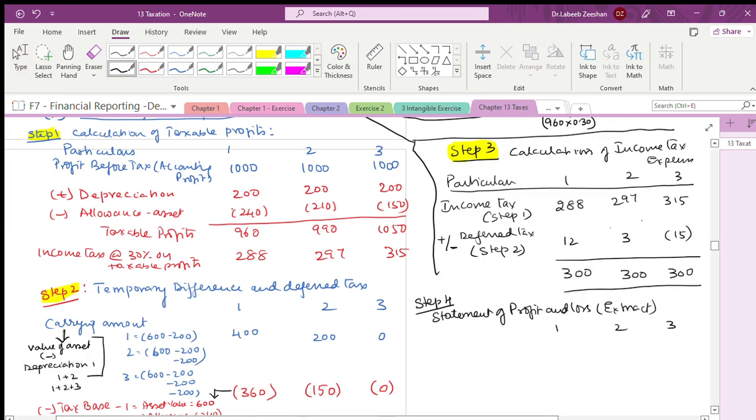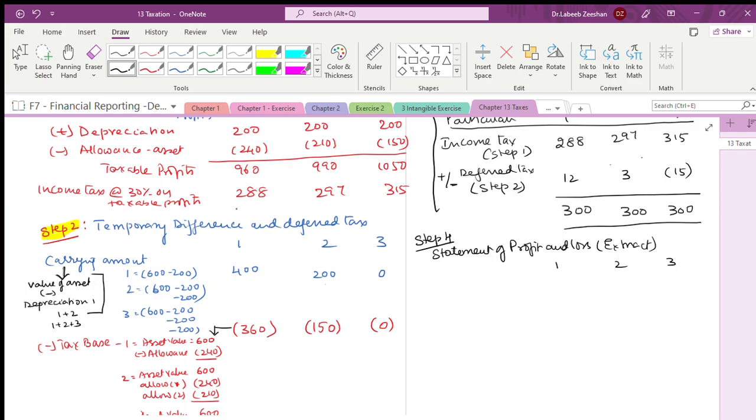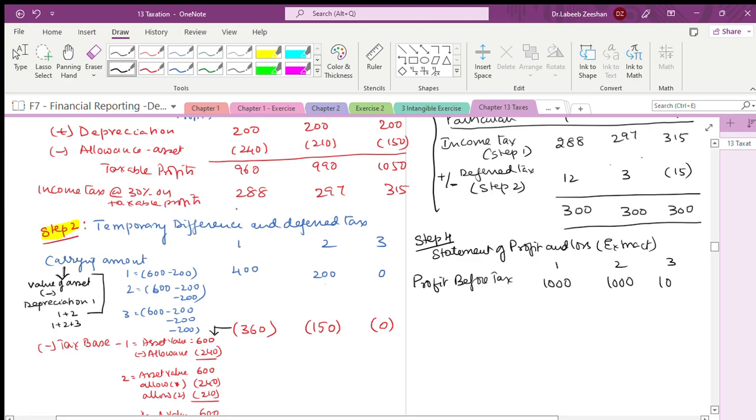We have to start with the profit before tax. How much is the profit before tax? 1000, 1000 and 1000. Fine. Less income tax.